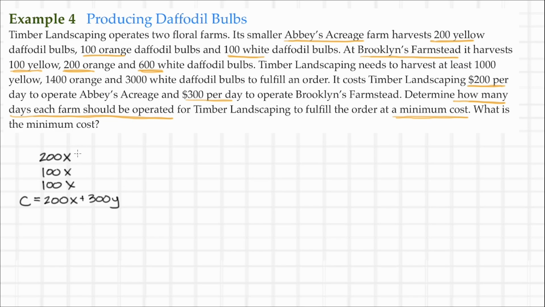So plus 100 yellow, plus 200 orange, plus 600 white from Brooklyn's.